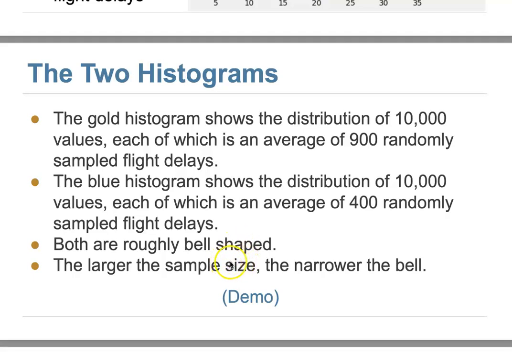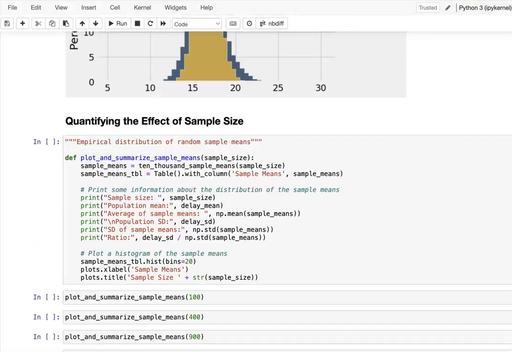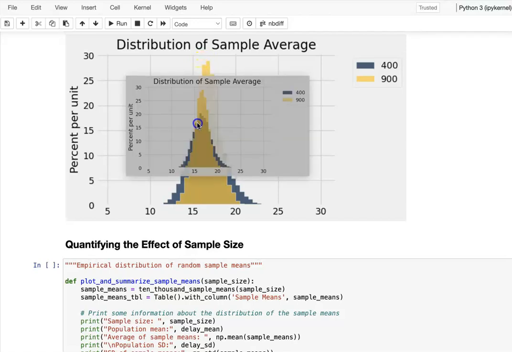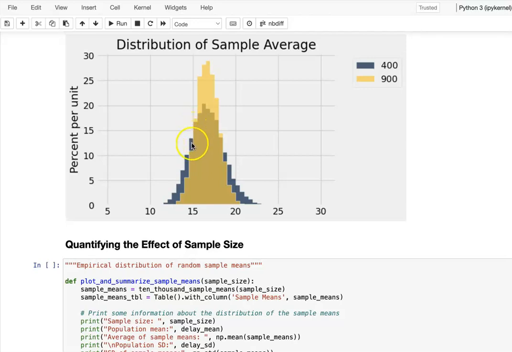One thing we need to think about is, the width of the bell curve is related to what? Remember earlier we said the center is the population average. So with this 900 sample size each time, we have a narrower interval.